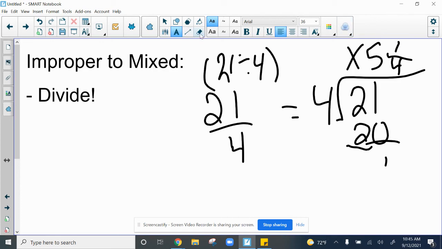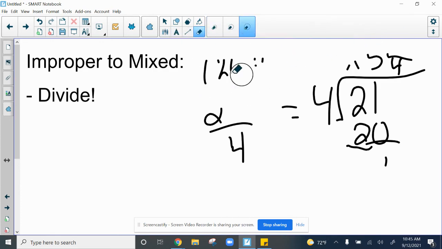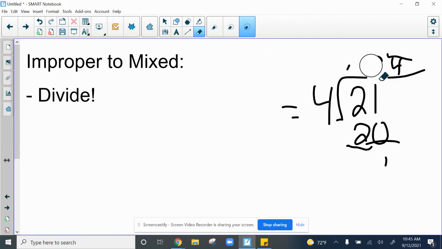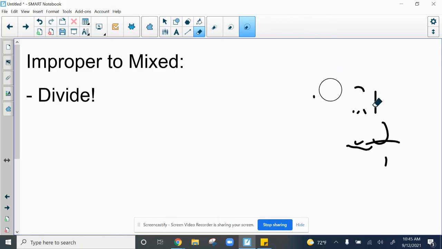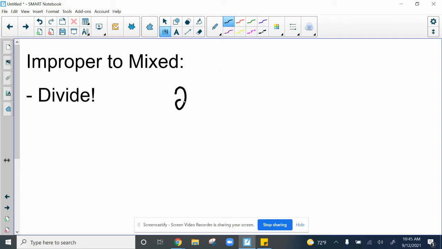All right, let's keep going. Let's try another. Now let's try, say you have 20/15. When I'm looking at these first, though, I do realize that these can both be divided by 5.